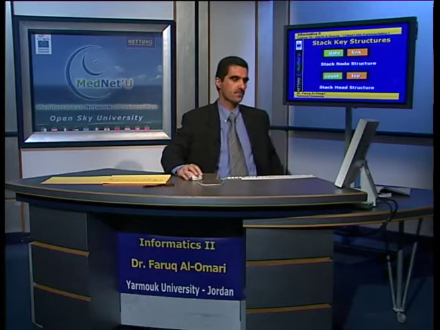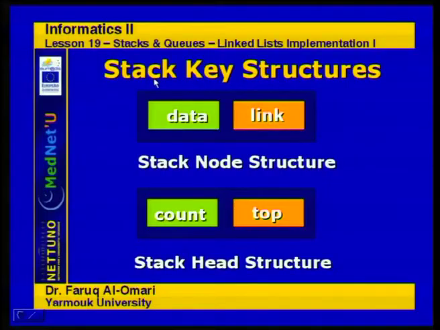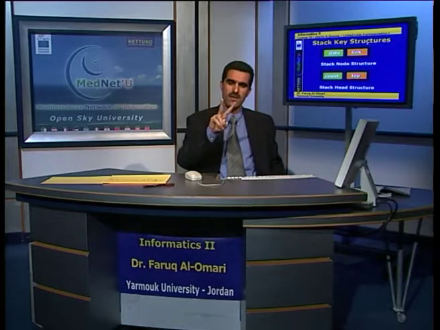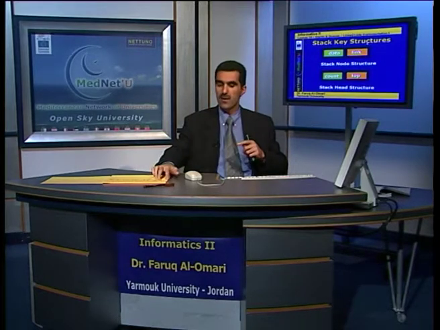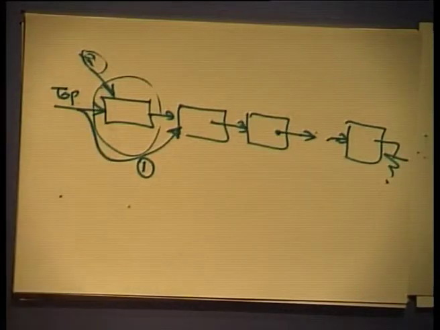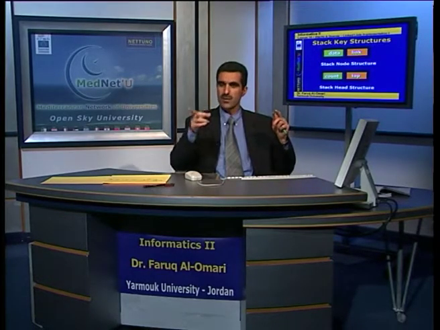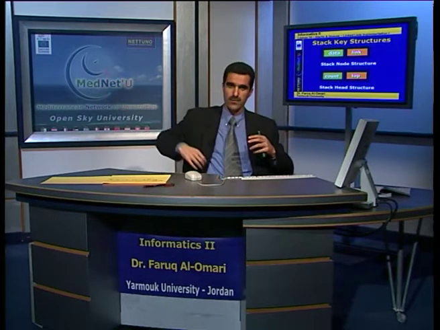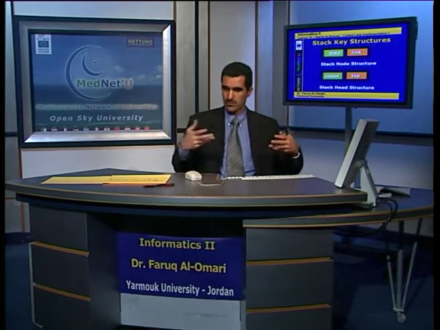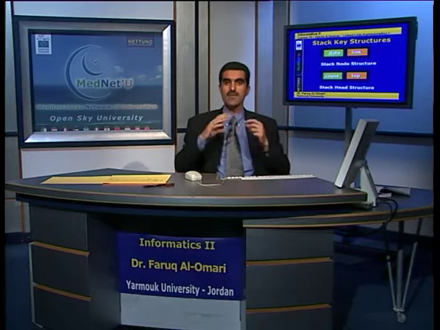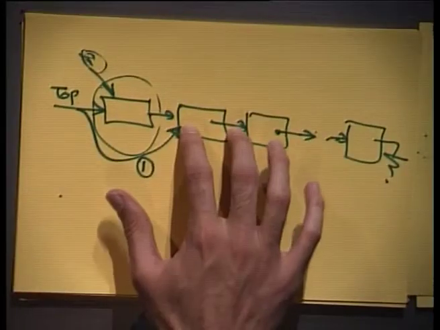Okay. Let's now get to the implementation and look at the key structures that I have. Basically, I said we have 2 main structures. One to define the whole list, the stack, basically top and count. That's the structure. It's just a pointer to the whole list of nodes and a number counting these nodes. And the second structure is basically to define each node.